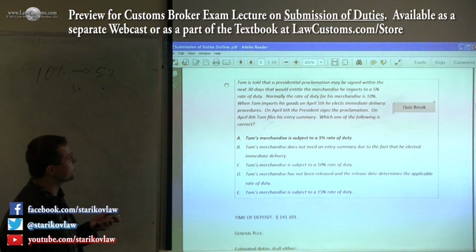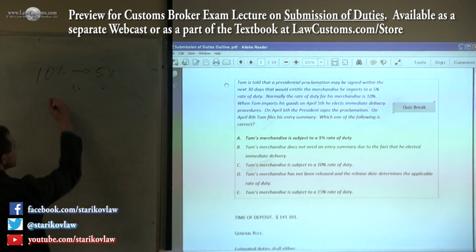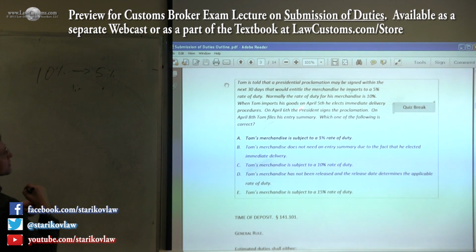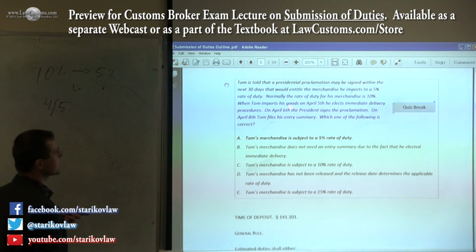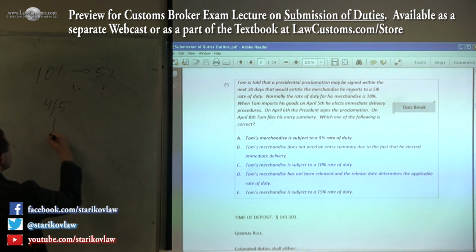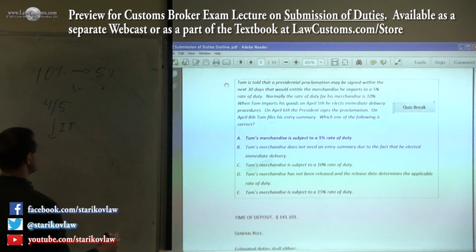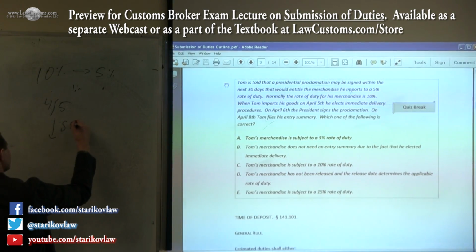So Tom brings the goods on April 5th. Notice, we asked to identify the correct statement. Sometimes customs examiners say which one is not correct. So Tom brings products on 4/5, puts them on IT, immediate delivery, special permit for immediate delivery.